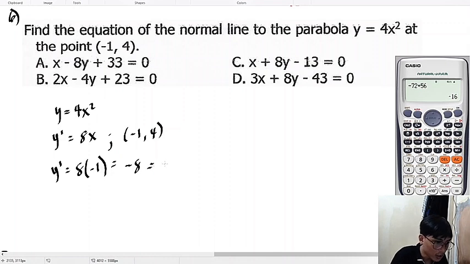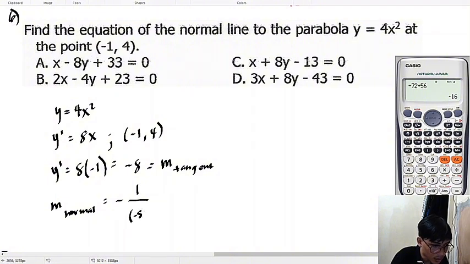But remember, this first derivative is the slope of your tangent. So to get the slope of your normal line, we have to get the negative reciprocal of that slope. So m tangent, which is negative 8, becomes positive 1 over 8.